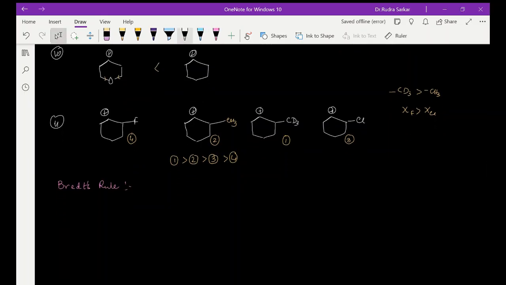It states that formation of sp2 hybridized carbocation at bridgehead is not possible.